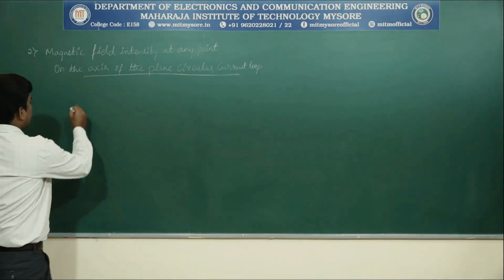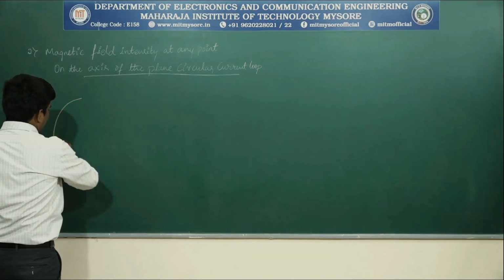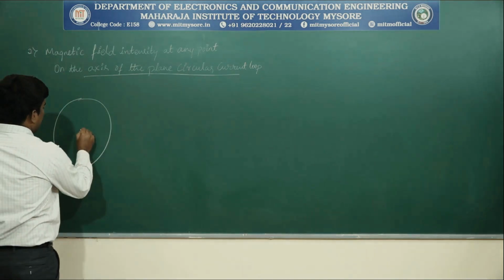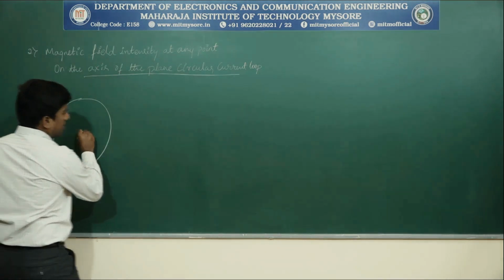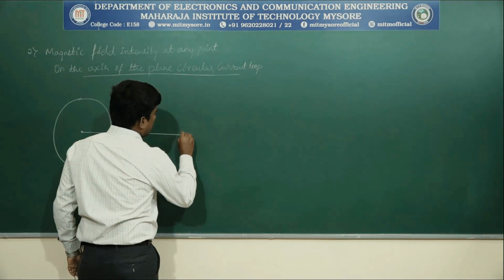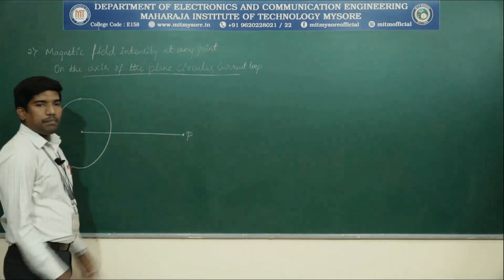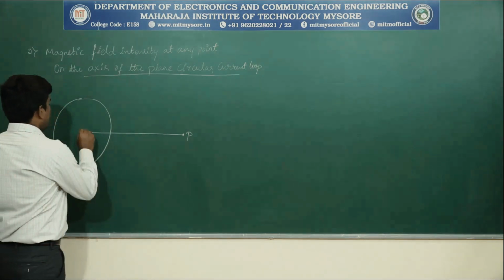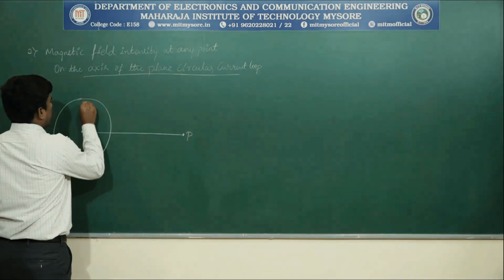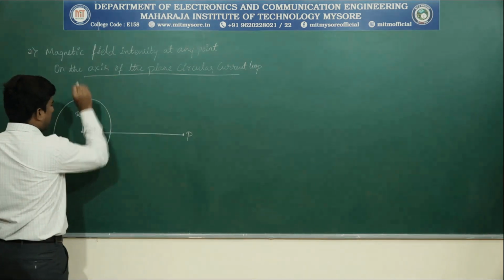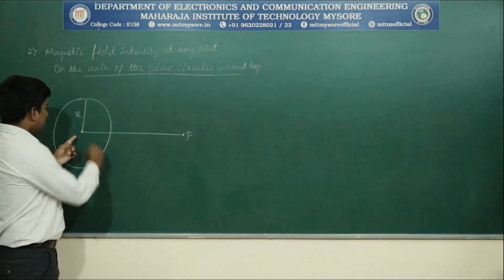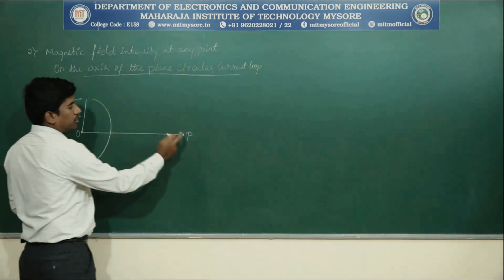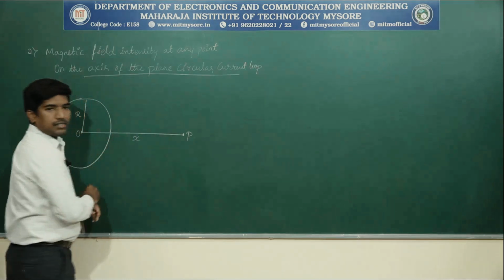So for this case, let us choose a plane circular loop. Let us choose an arbitrary point P on the axis of this plane circular loop. Its radius is of distance r. The distance from origin of the circular loop to this point P is taken as x.